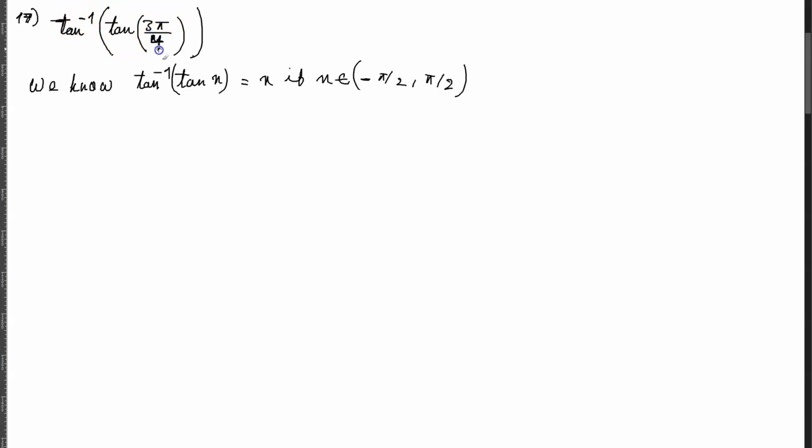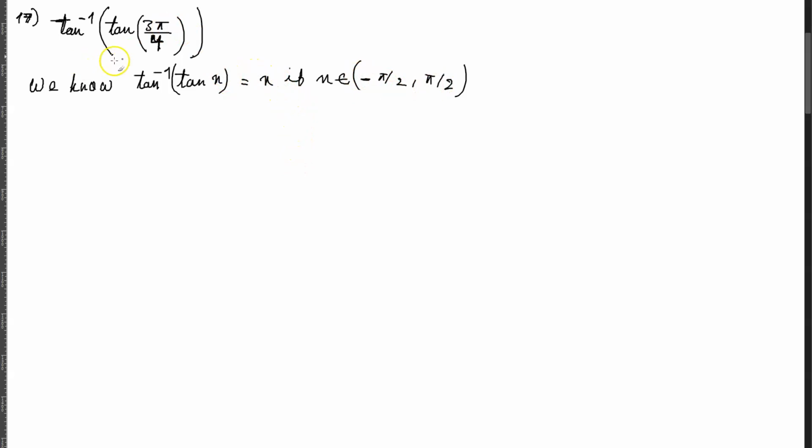We said that the tan inverse of tan of x is equal to x if x belongs to negative pi by 2, pi by 2, and it's not the case right now. 3 pi by 4 is outside of this range.